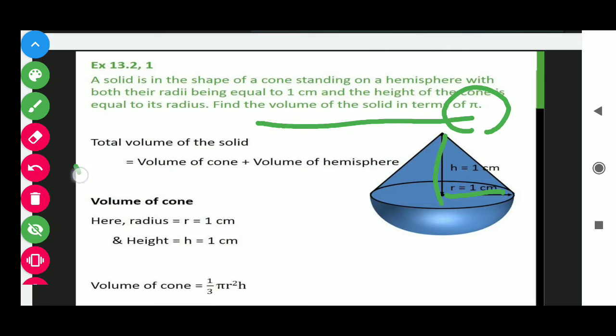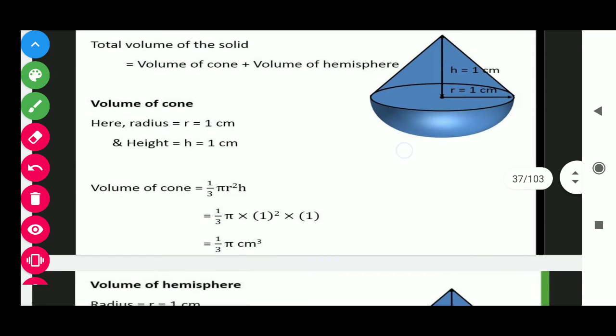So the total volume of the solid is the volume of the cone plus the volume of the hemisphere. The volume of the cone is 1/3 pi r square h. Students, here the radius is 1 as given in the statement, and the height is also 1. So we put the values of r and h, and we get the answer pi/3 cubic centimeter.